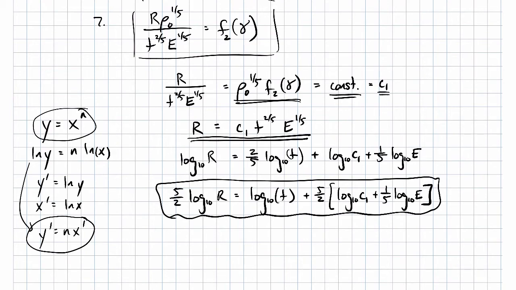So now that we have this expression, for a given explosion, we should expect that the blast radius should follow a straight line when the radius is plotted in this manner as a function of that. And then the offset, so this is like the equation of a line, with the offset being related to the total energy released.